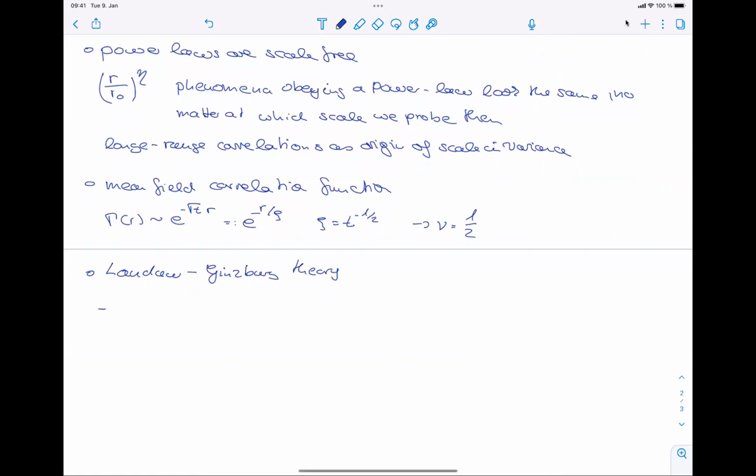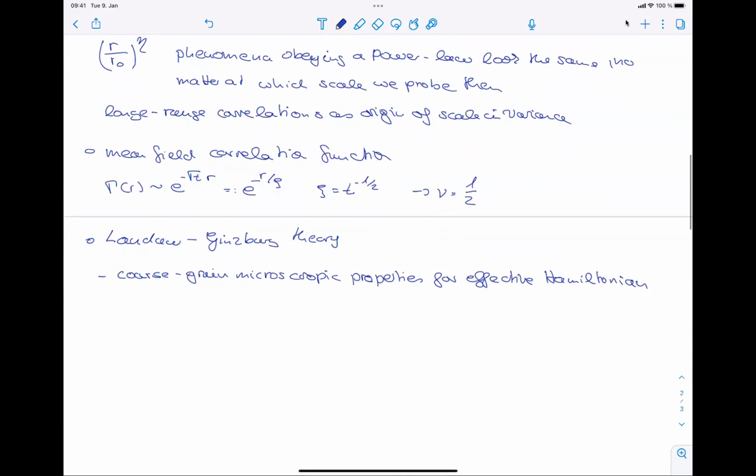So the idea here is that we coarse grain a system's microscopic properties to arrive at an effective Hamiltonian that's describing the system.